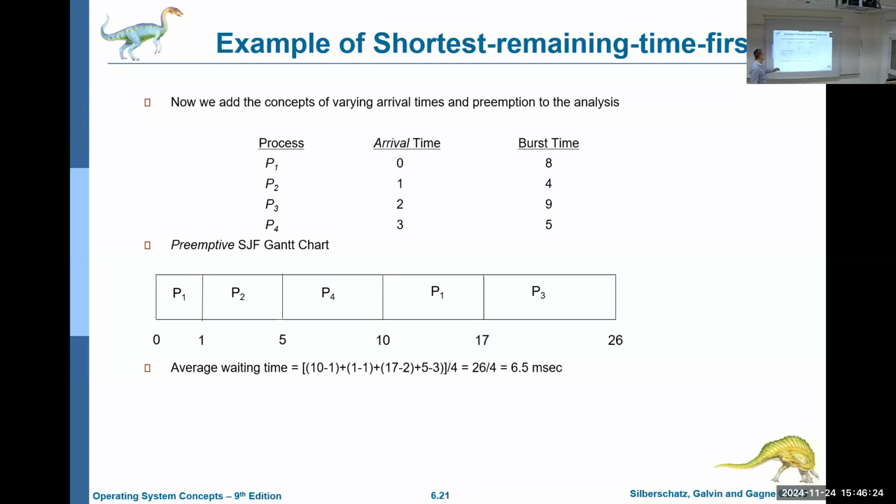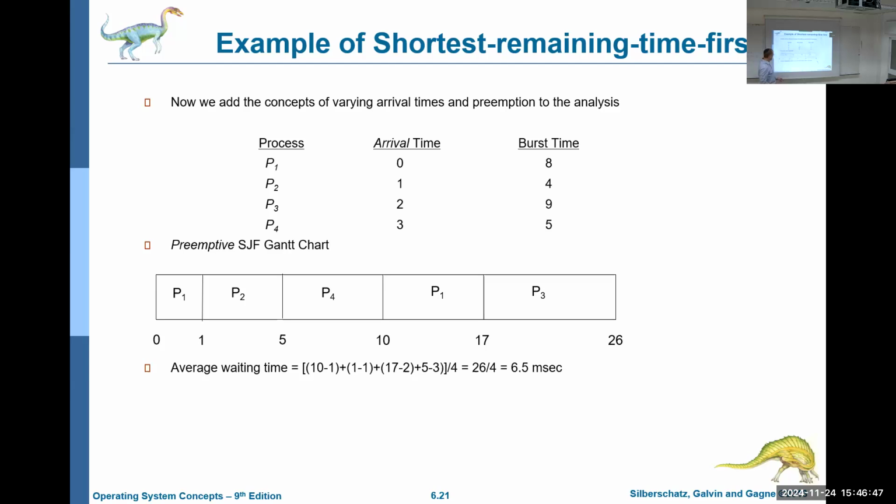So what's the average wait time? Well, this should be for process 1. He waited 10. That's a little weird the way they wrote this here. He waited 10, but it's 1 minus because he didn't wait the first minute, so it's really 9. From 1 to 10 is 9. So he wrote 10 minus 1.